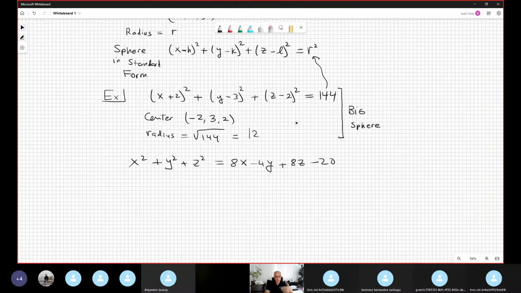How do you identify that it's a sphere? Well, it's important. I promise in one moment of the course, in this chapter, I explain the basic rule to identify the surface. But in this case, I anticipate something: when you have completed x, y, and z, and everything is a square, it's a sphere.